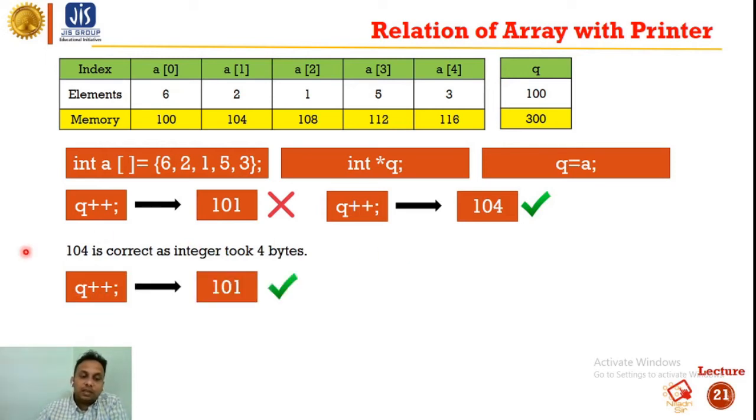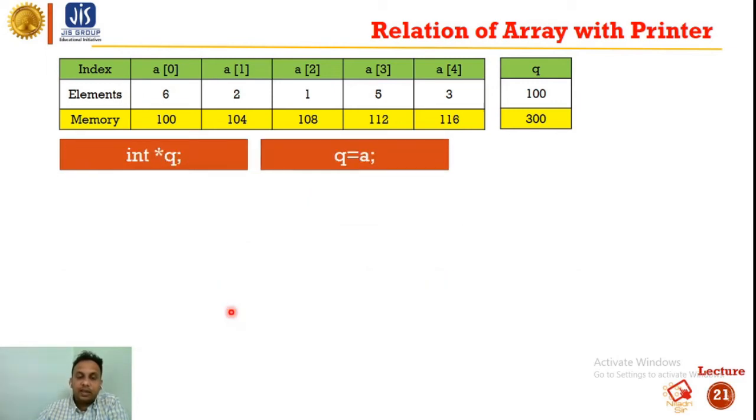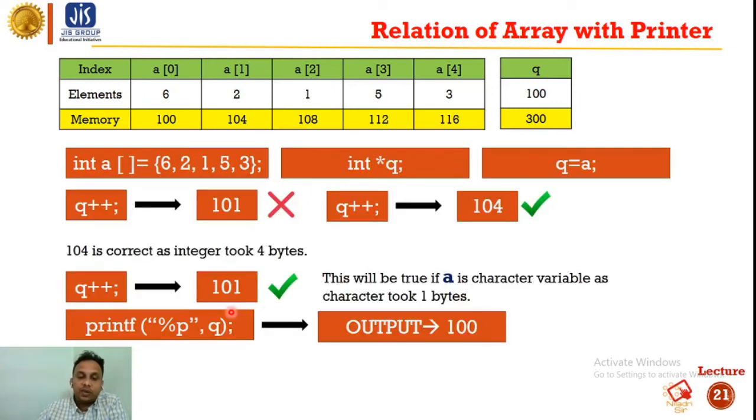Q plus plus being 101 would be true only if a were an array of characters, as a character takes 1 byte. So what will it print? It will print 100.